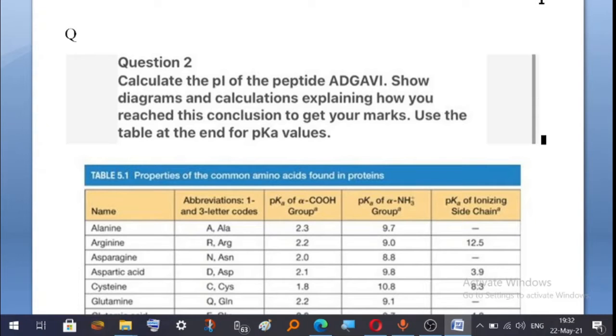Let us understand the meaning of isoelectric point. Isoelectric is made up of two terms, iso and electric. Iso means equal, electric means charges.